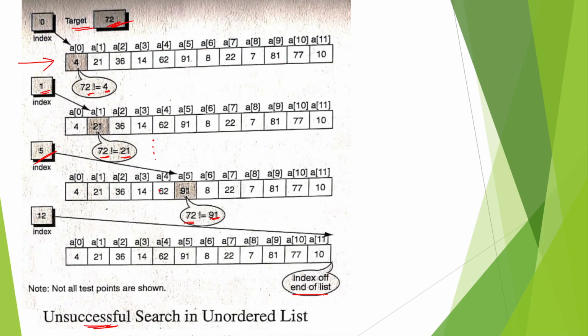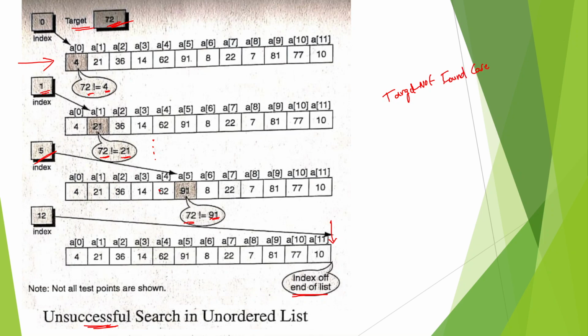Once you reach the end of the list and you have not found the target in the given list, that means it is an unsuccessful case. We call it the target not found case.